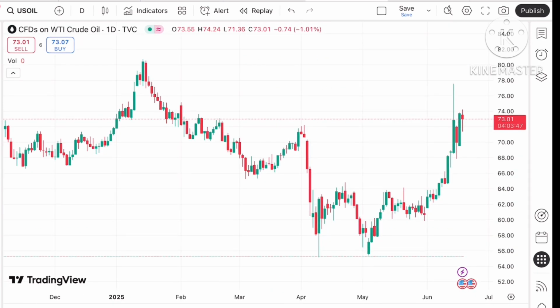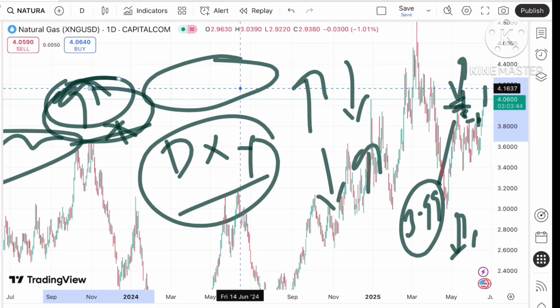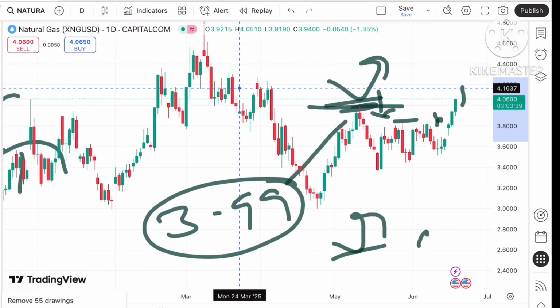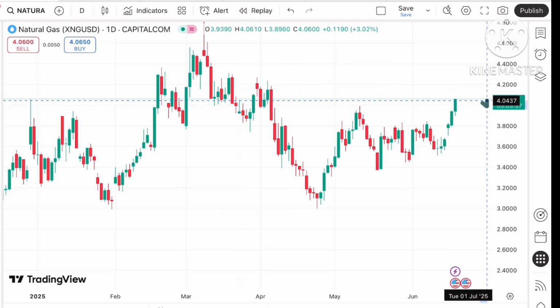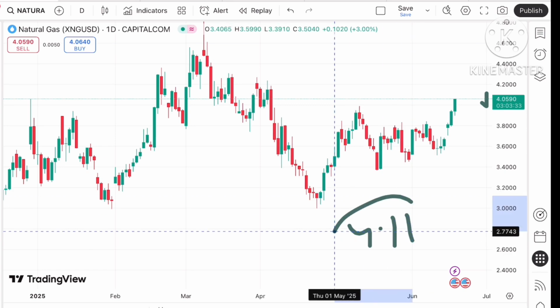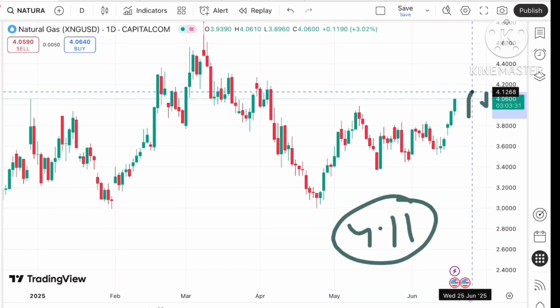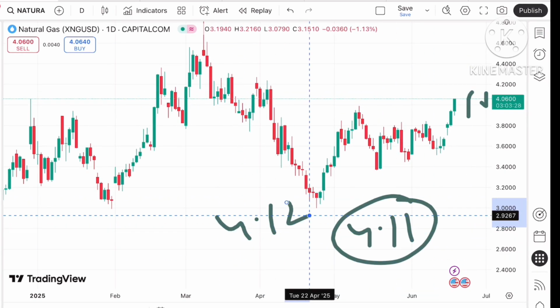Now coming back to the natural gas price, suppose the price sustains this level, chances are very high it will go further upside, towards a level of $4.11. If the price moves above that level, the chance of touching 4.12 will be there.